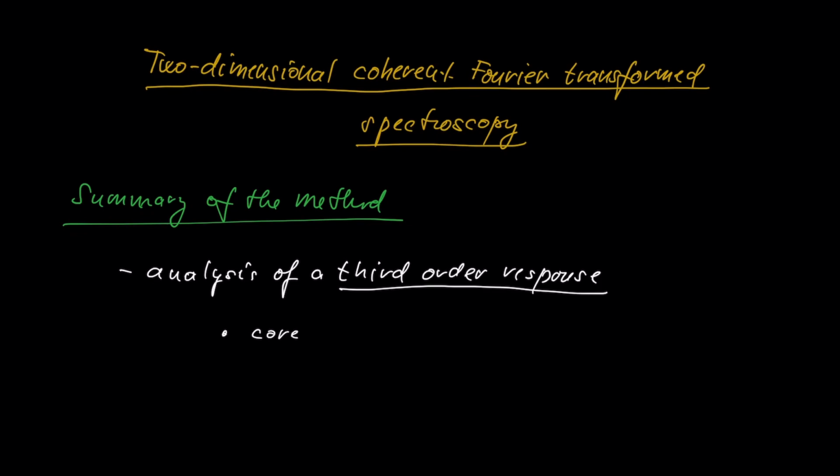Its interpretation is that it correlates absorption and emission. So we absorb on certain wavelength and we emit on certain wavelength. These 2 events, absorption and emission, are interlinked by the evolution in the molecule.